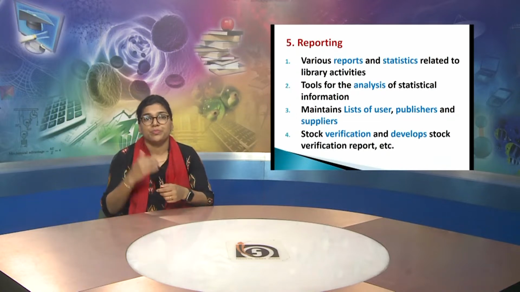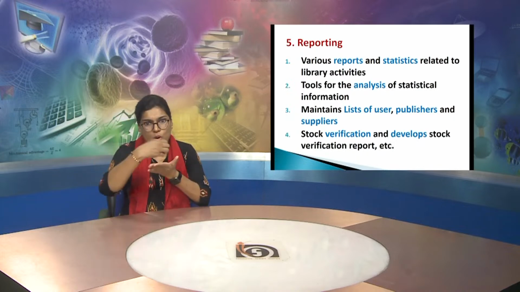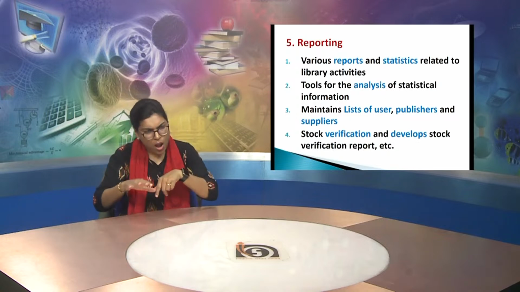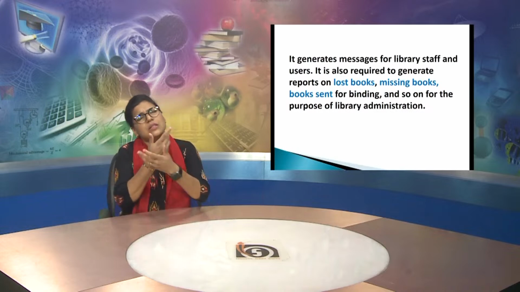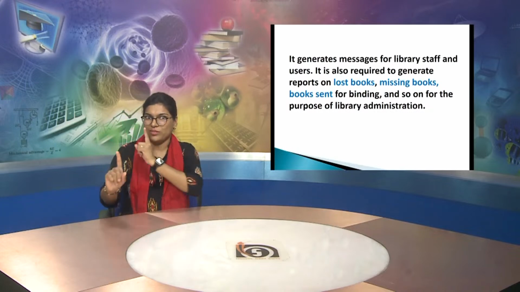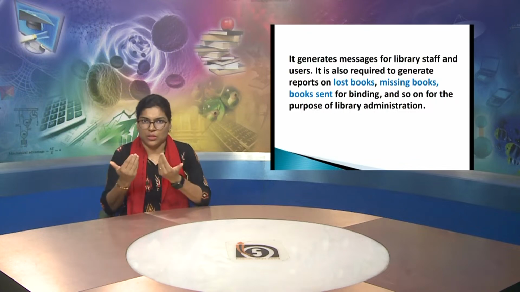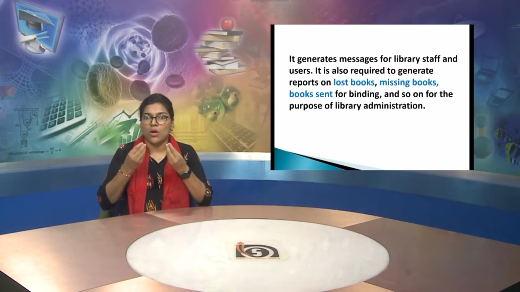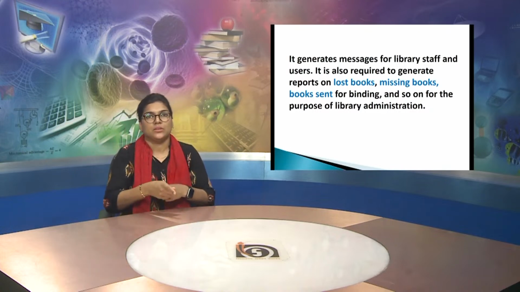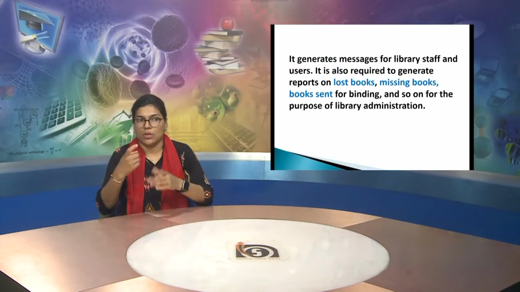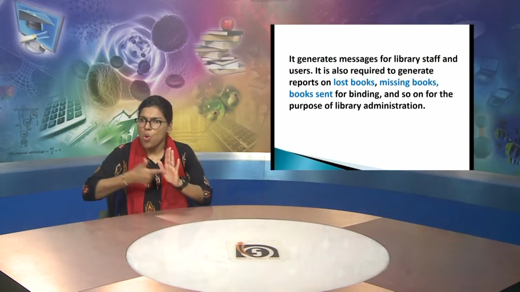Point number 4 talks about stock verification and developing stock verification reports. So it generates messages for the library staff and users. Also, it is required to generate reports on the lost books, missing books and books sent for binding, and so on, for the purpose of library administration.